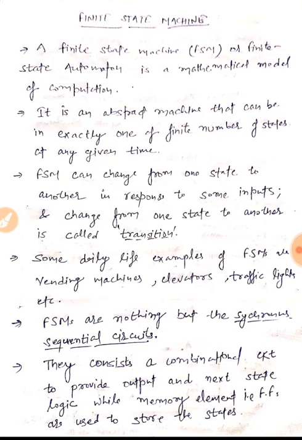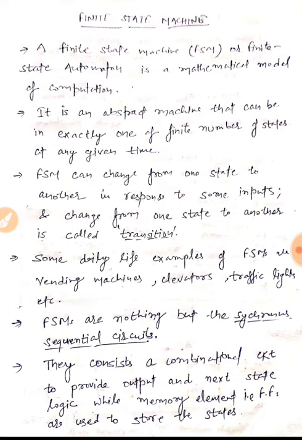Finite state machines. So what is a finite state machine? It is also called finite state automata, and it is nothing but a mathematical model of computation to implement some sequential logic circuit.